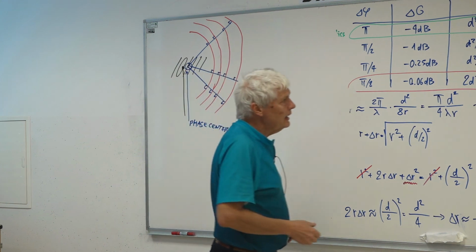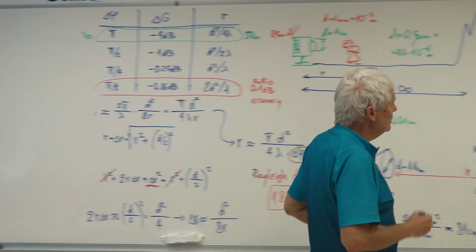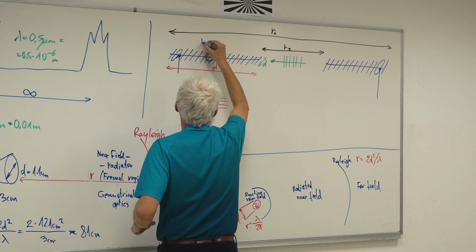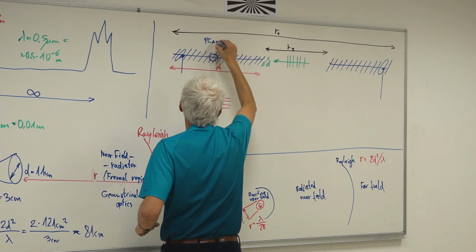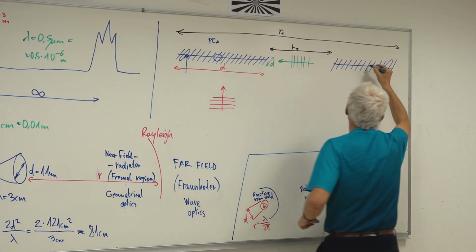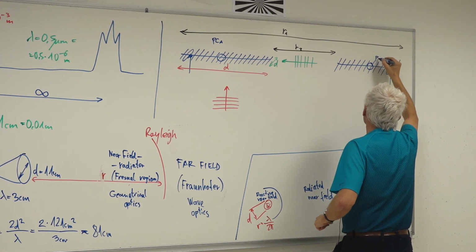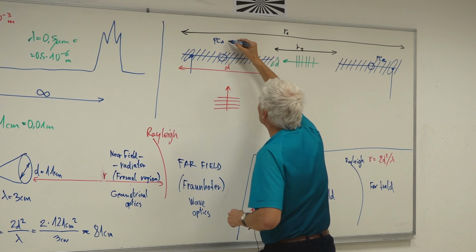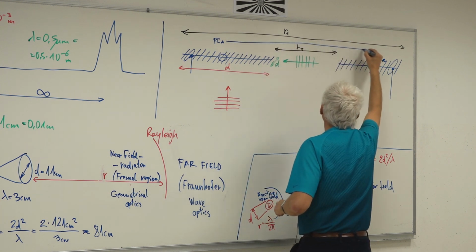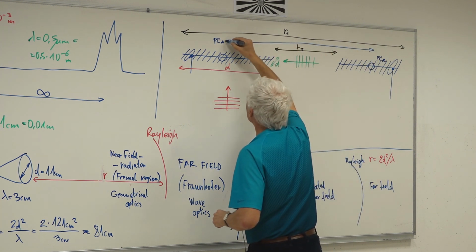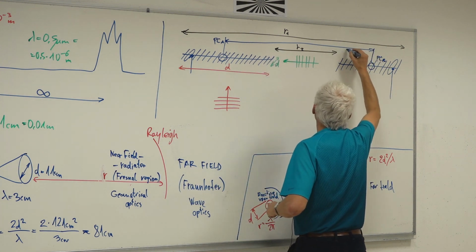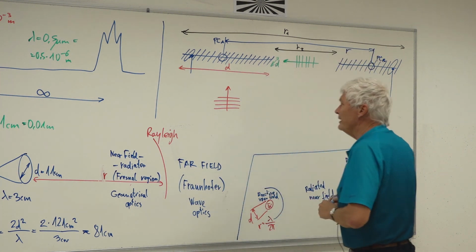So here I should really find out, before doing any measurement, where this phase center of the antenna A is and where this phase center of the antenna B is, and measure the distance between these two phase centers. This is the correct distance, the correct R, to make my measurement.